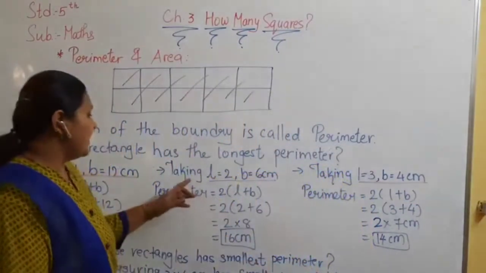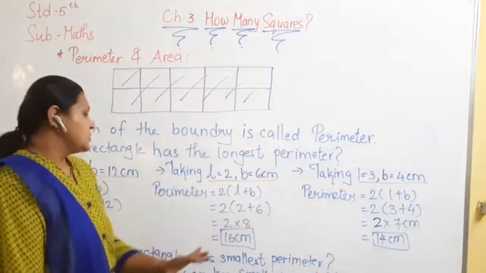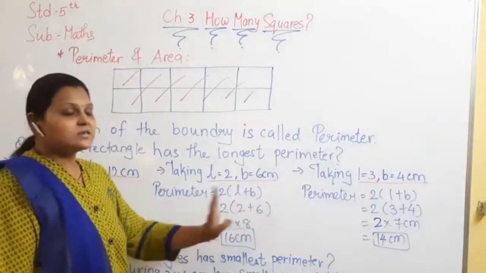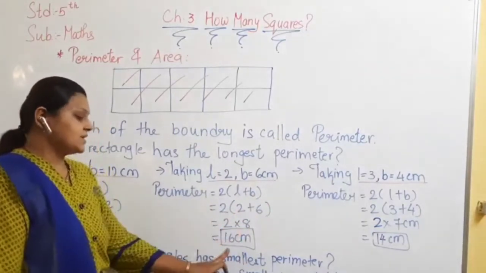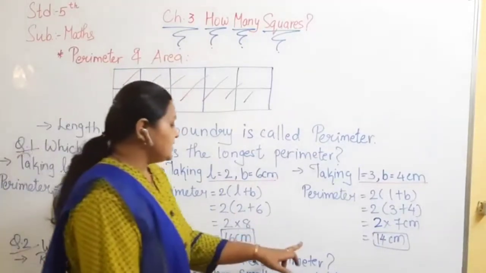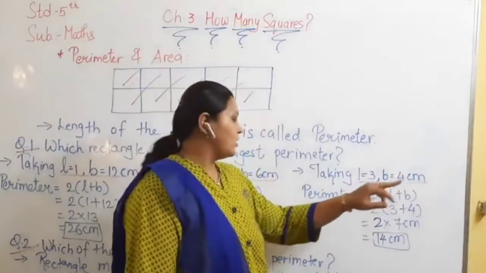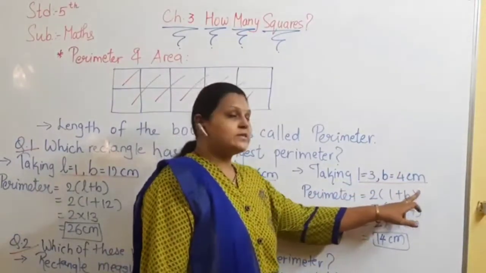Now we will take length 2, breadth 6. Perimeter equals 2 into length plus breadth. 2 into 2 plus 6, that is 16 centimeter. Same, taking length 3 and breadth 4, perimeter equals 2 into length plus breadth.